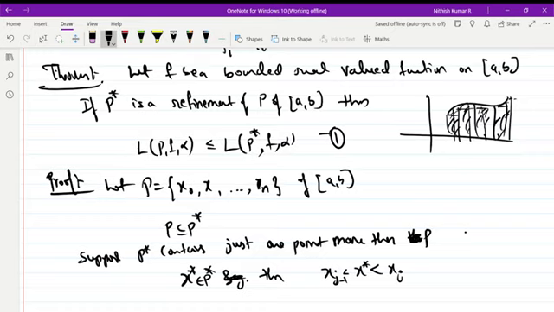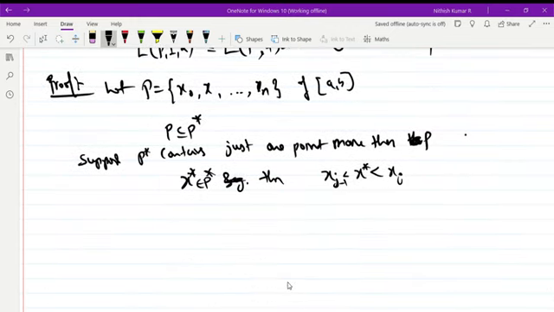Okay, now with respect to my P, what is mj? Mj is nothing but the infimum of f of x, where x is between xj minus 1 and xj.